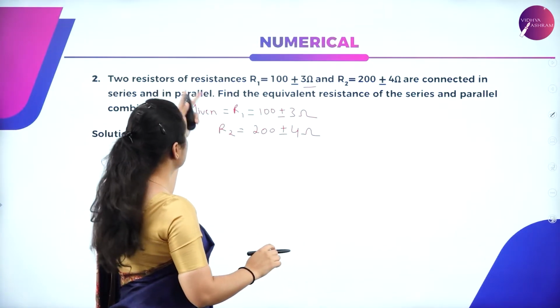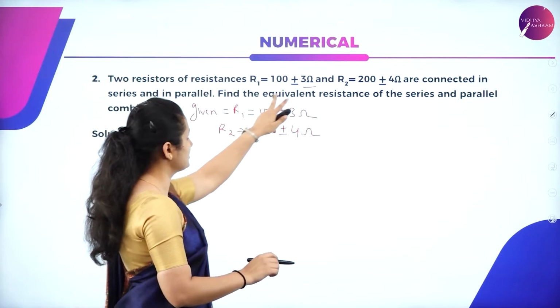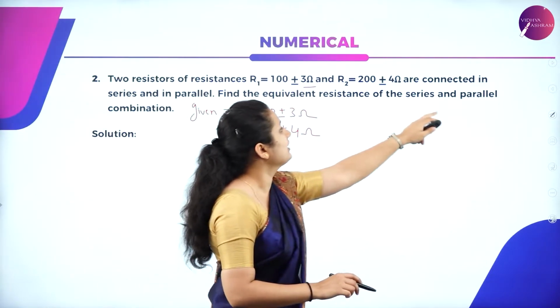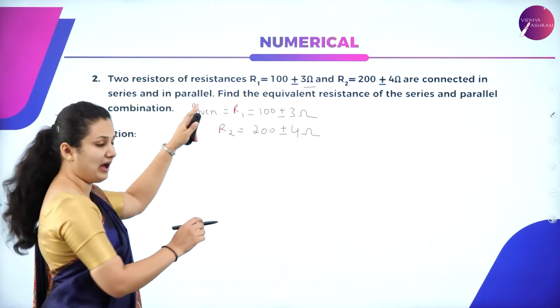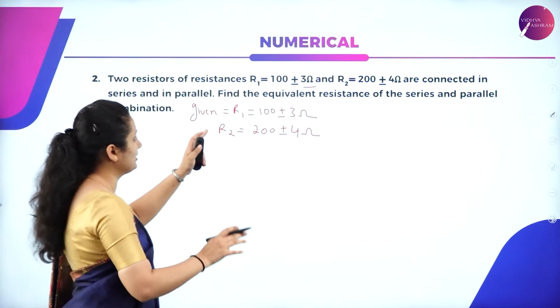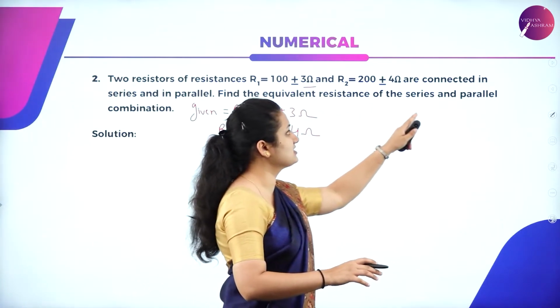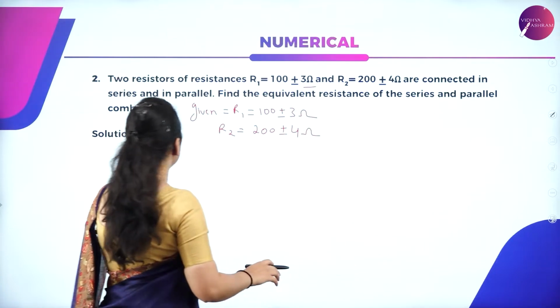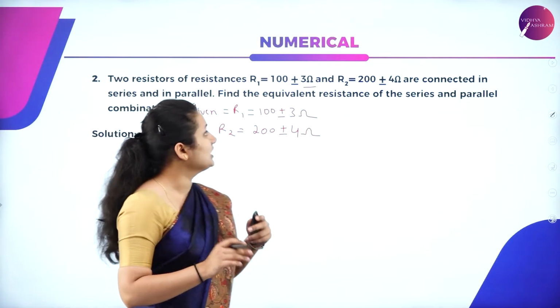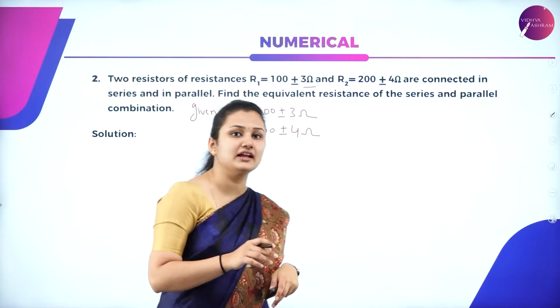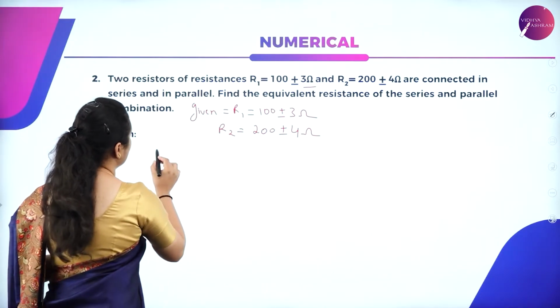These two resistors are connected in series and parallel combinations. Find the equivalent resistance in series and parallel combinations. So use the formula.